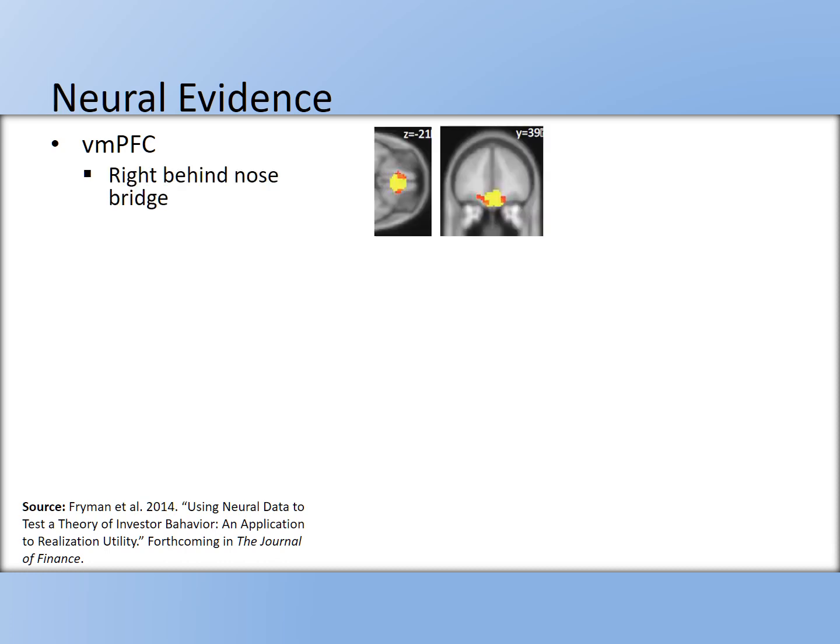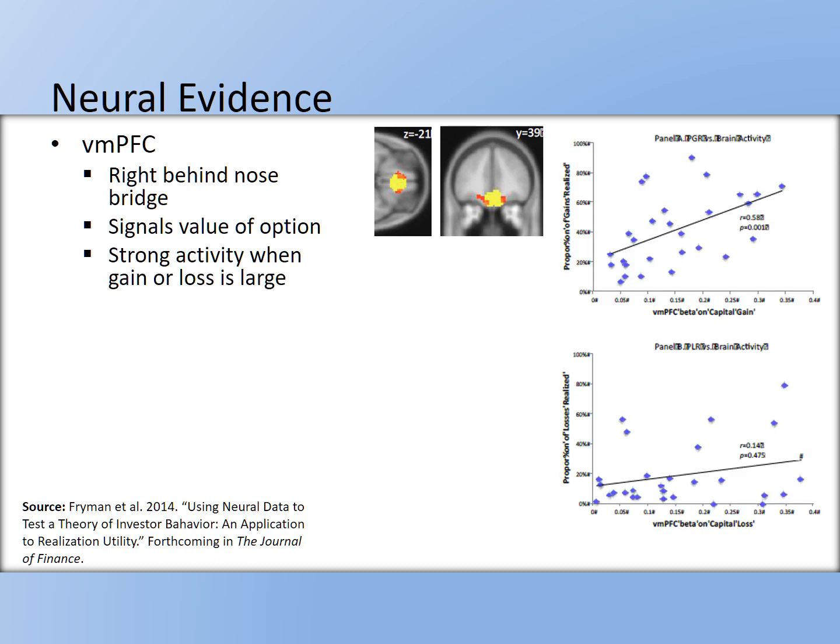In this particular case, they're going to look at trading behavior, and they're looking at 2 places. One is called VMPFC, which is an area right behind the nose bridge, and it signals the value of options, like choosing between different possibilities.